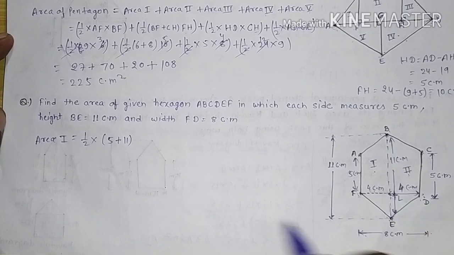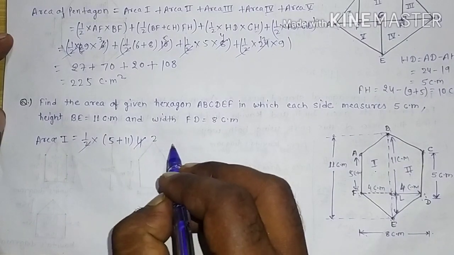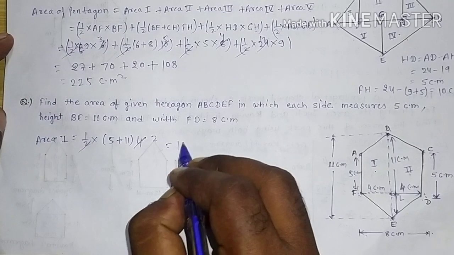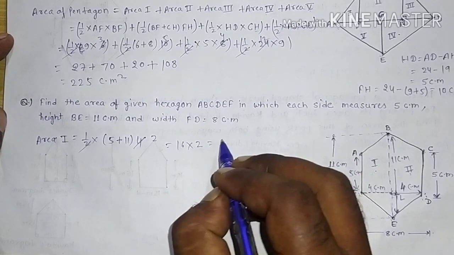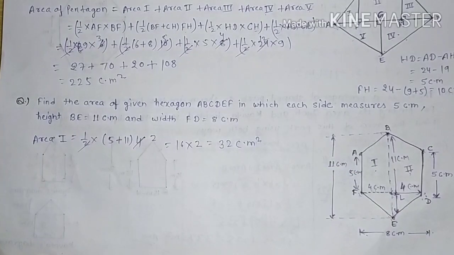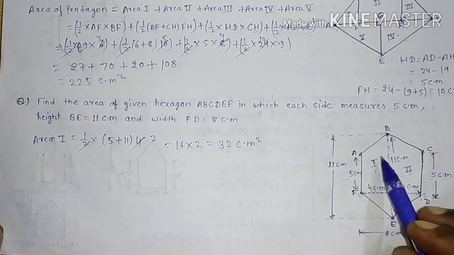This is 4 centimeter given here. Now just simplify it. 2 2s are 4. Now 5 plus 11, that is 16, into 2, that is 16 2s are 32 centimeter square. Now this 32 centimeter square is the area of the first section.